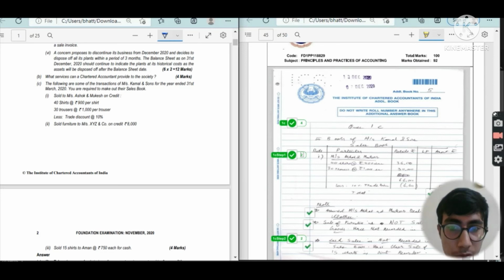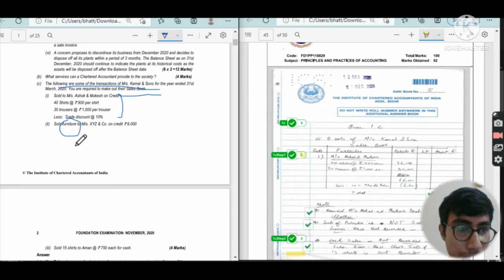The question said: the following are some of the transactions, you are required to make the sales book. First was of goods on credit. For that we had to write one assumption: we have assumed that he is a seller, Messrs. Kamal and Sons is a trader of clothes, because the first point was shirts and trousers.